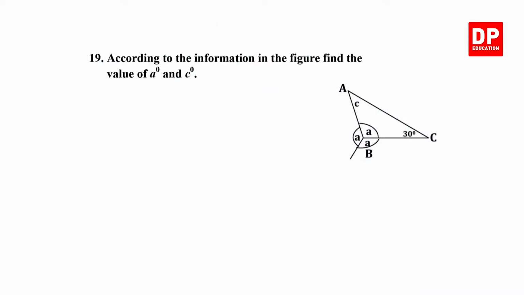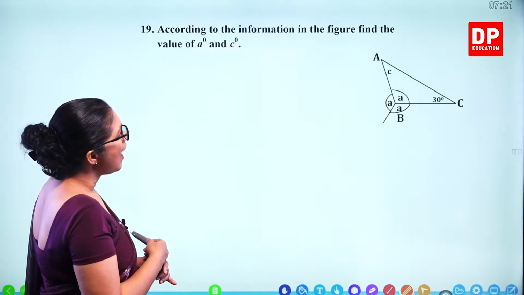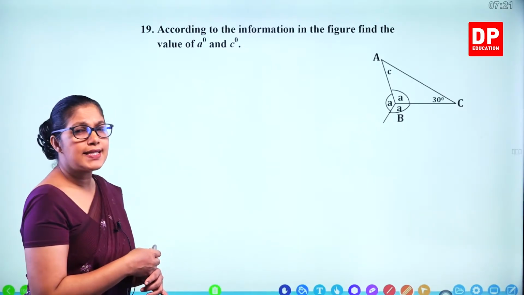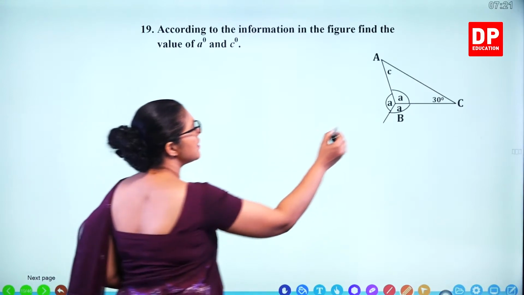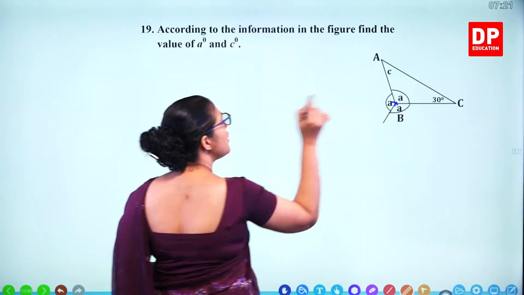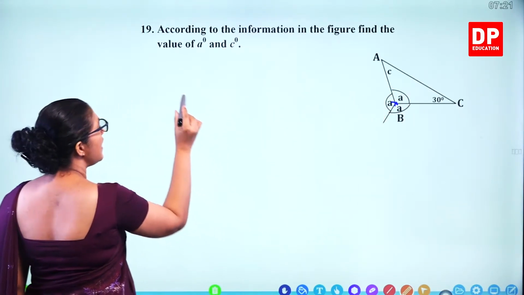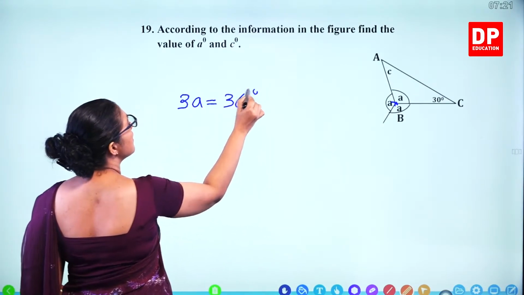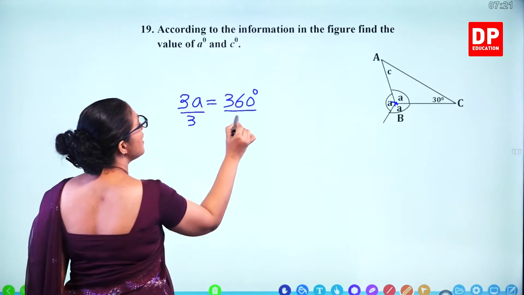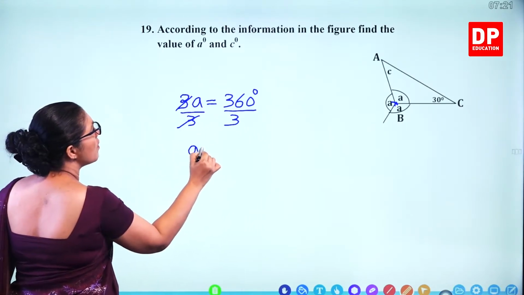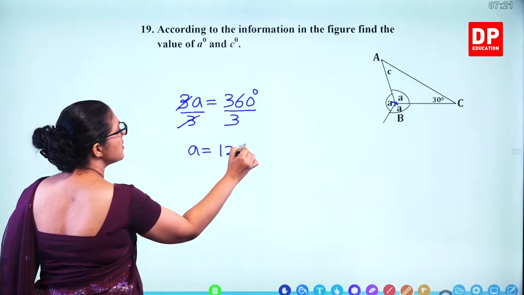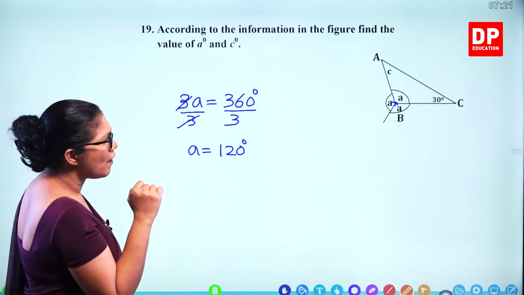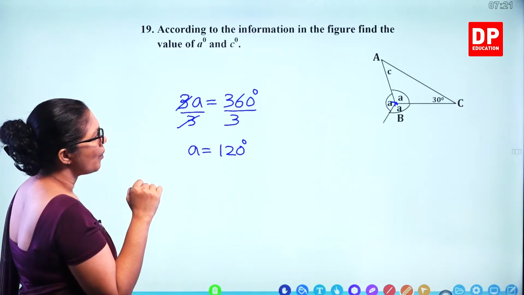Question number 19. According to the information in the figure, find the value of angle A and angle C. Look at this point. Around the point, that's A and A and A, 3A. That should be equal to 360. Divide by 3, you get A equals 120 degrees. Now we need to find C. How can we find it?